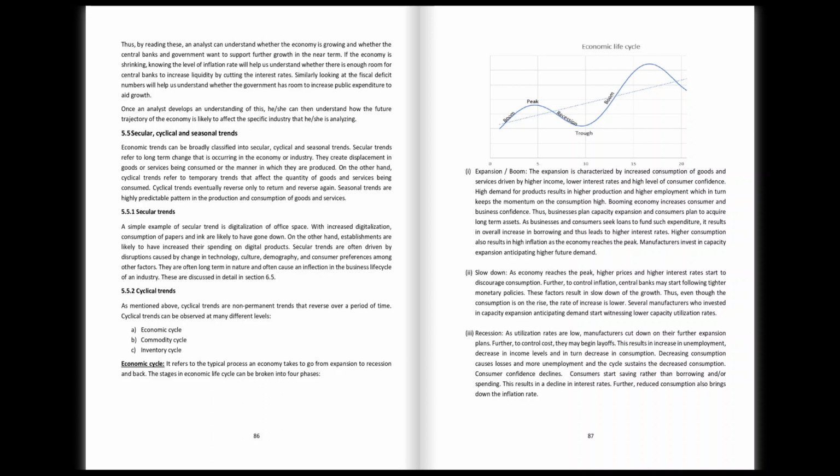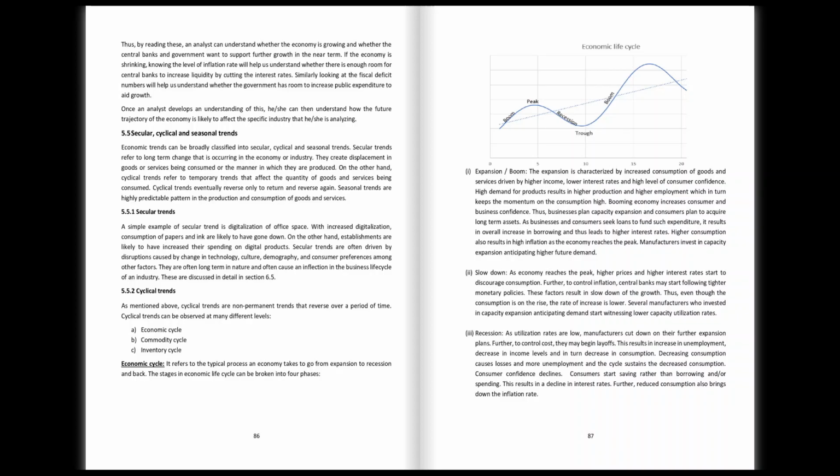Further, to control inflation, central banks may start following tighter monetary policies. These factors result in a slow down of the growth. Thus, even though the consumption is on the rise, the rate of increase is lower. Several manufacturers who invested in capacity expansion anticipating demand start witnessing lower capacity utilization rates.